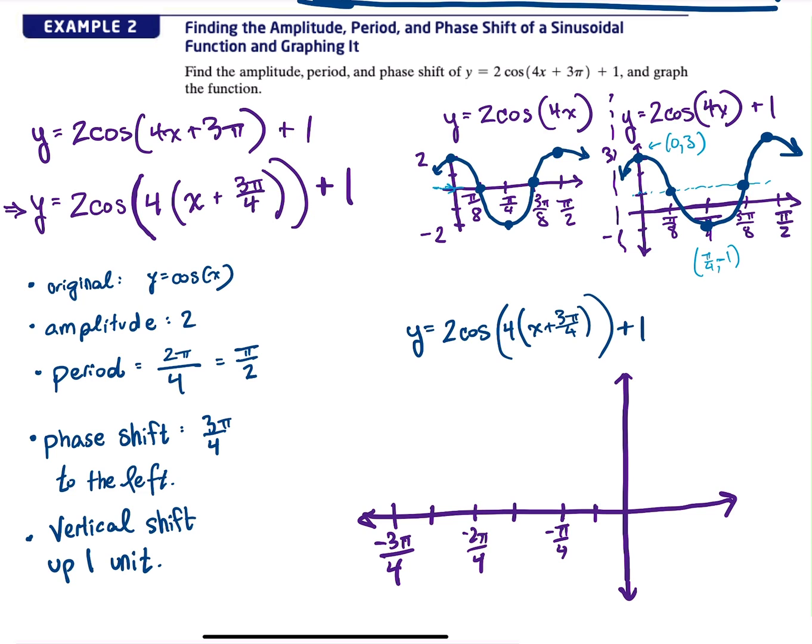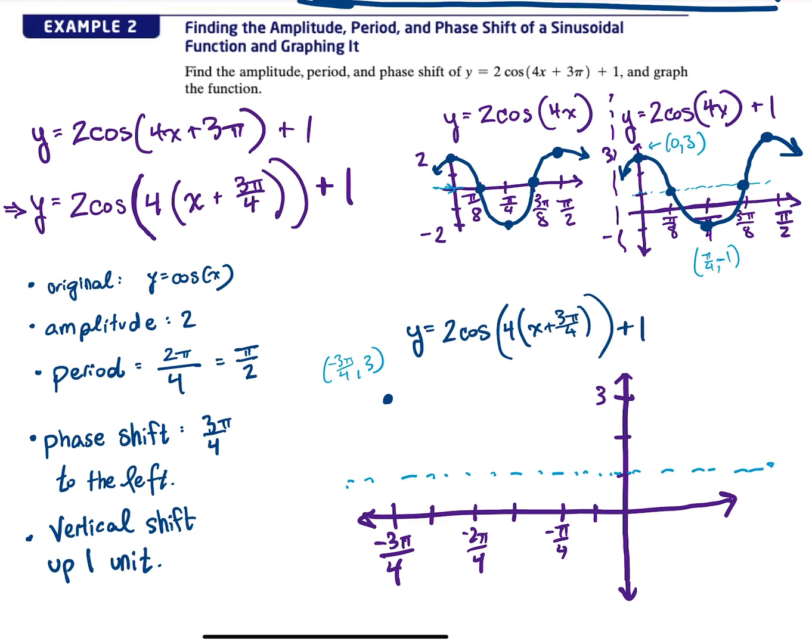So we said earlier we want to go up to positive 3. And that central axis was at 1. Let me make this look a little bit nicer. So somewhere here. And again, this isn't an asymptote, but I'm just trying to visualize that central line. So then the cosine wave will start at the maximum point. So up here, at negative 3 pi over 4, positive 3.